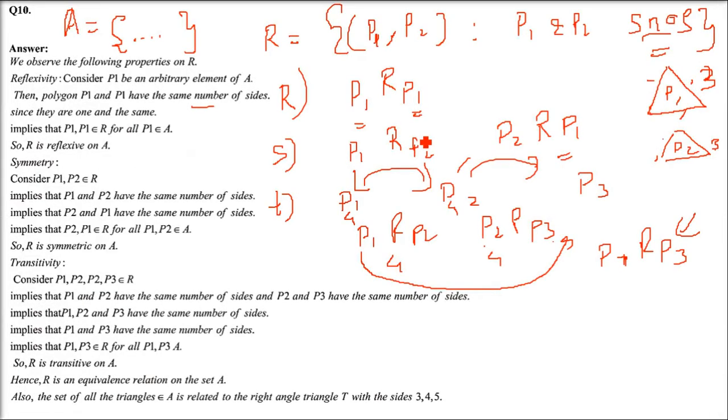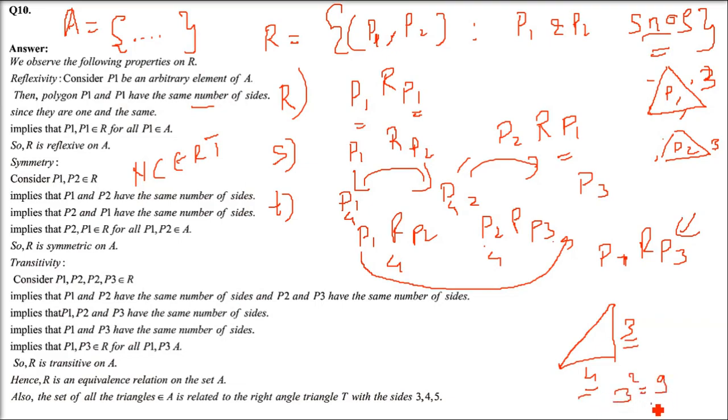Now coming to the second part here. One more important part is, this is an NCERT question. What is the set of all elements in A related to the right angle triangle T with sides 3, 4 and 5? So if you see here, this is 3 and 4. 5 can only come when 3 and 4 are the sides of a right angle triangle.